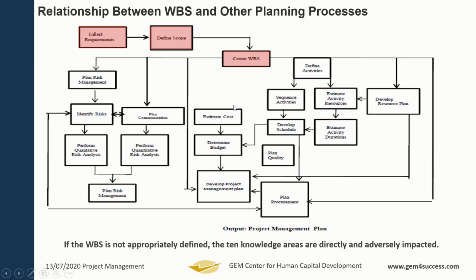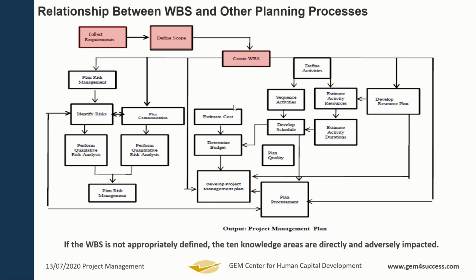So if you look at this diagram critically, something is going on here. We're trying to show the relationship between your WBS and other planning processes. You can see that the first one here is collect requirements, and then you define your scope, and then you create your WBS. So from the WBS that you have created, a lot of other planning processes are dependent, either directly or dependent on other processes that are dependent on your WBS.